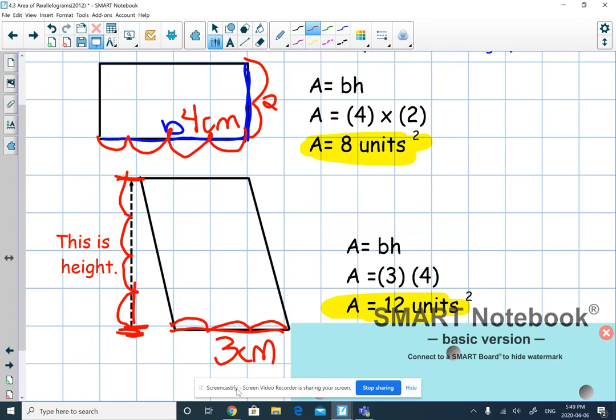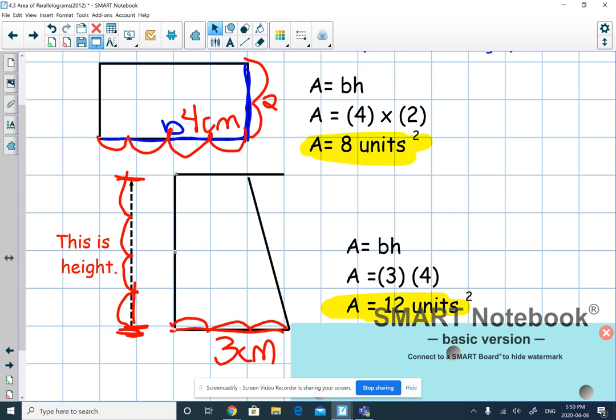Okay, because if we were to actually take this parallelogram, and you can try this with a piece of paper, make a parallelogram and then shift it towards one side back and forth, right? If I was to shift it so that everything was straight up and down, I would get a 3x4 rectangle, right?